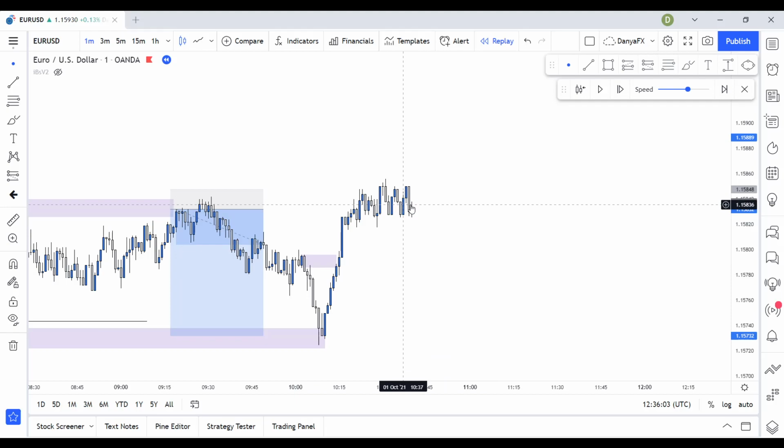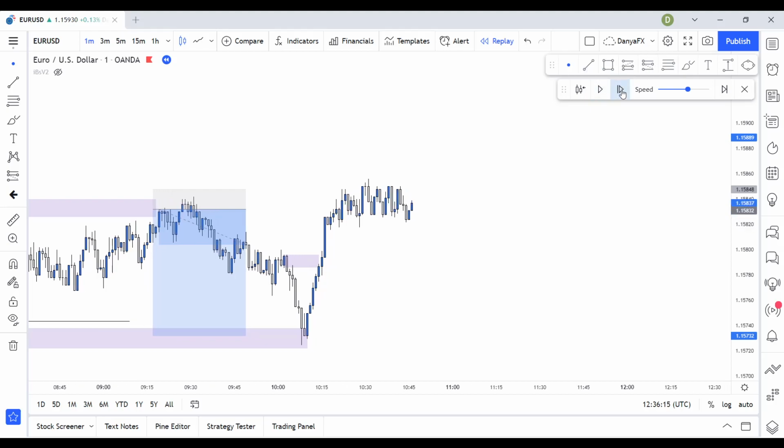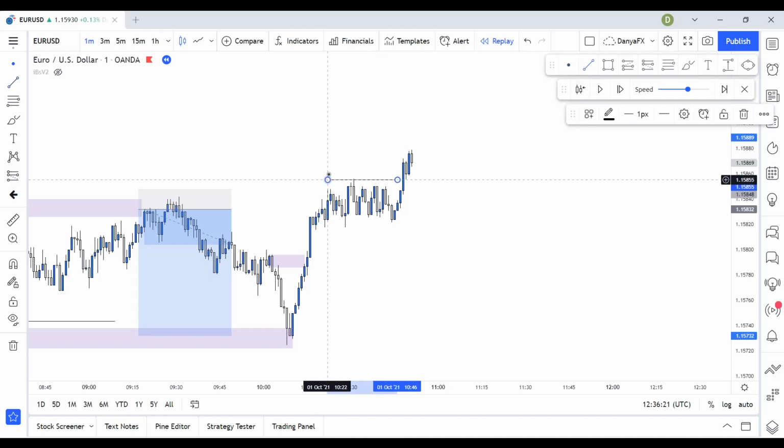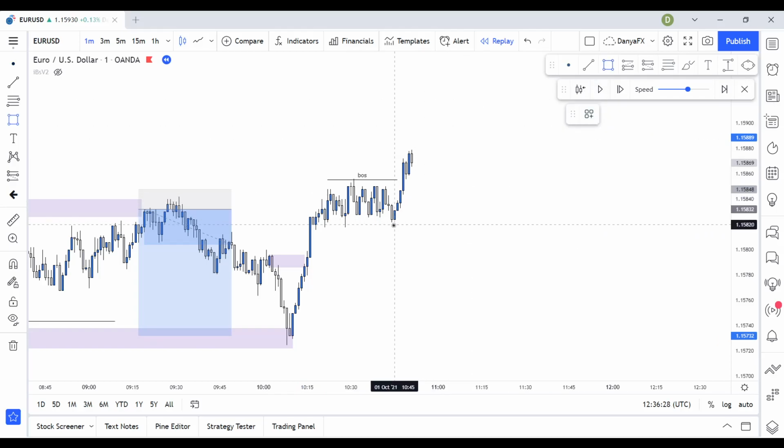And now we started ranging, which is a perfect scenario for us to look for the initiation, because we accumulate the liquidity on both sides. So what we want to do is to see an initiation out, and as you can see, we receive this initiation out, we break this range, and we can mark out where the move has originated from.